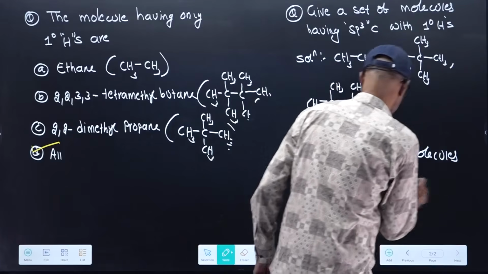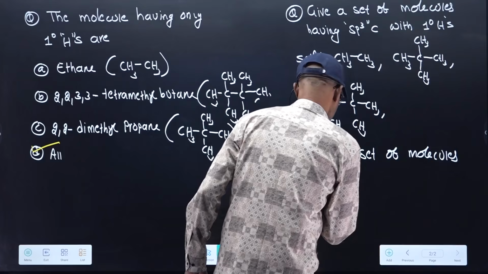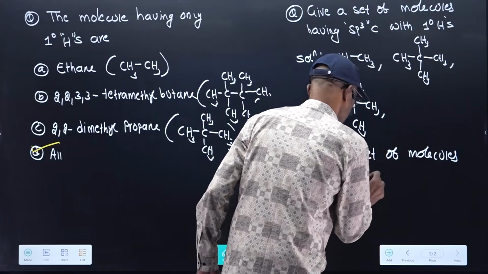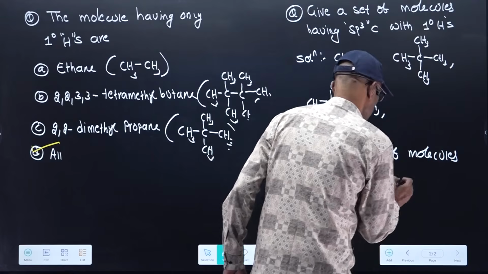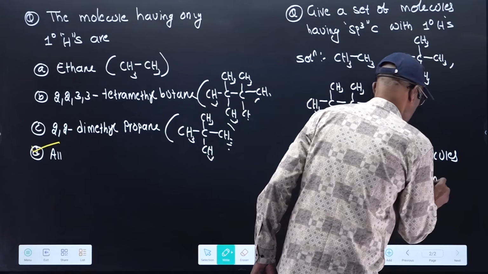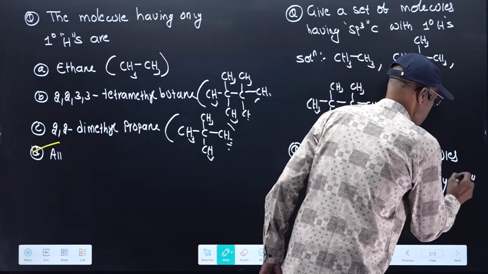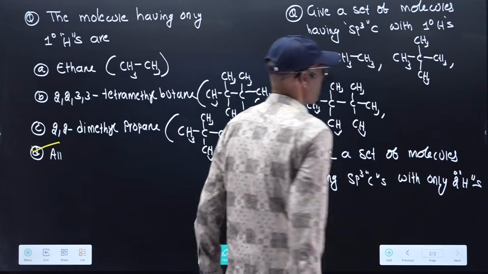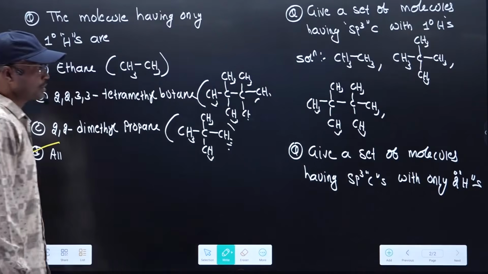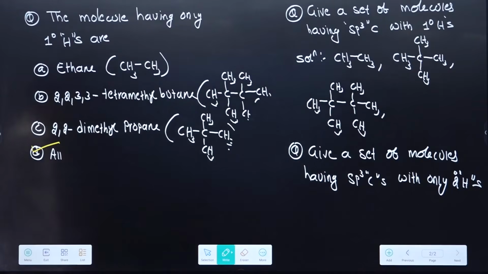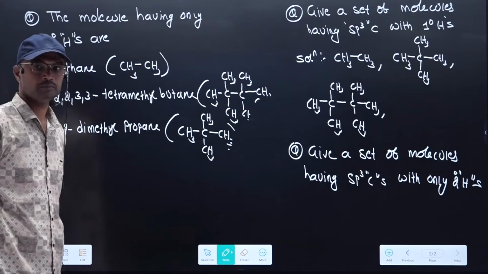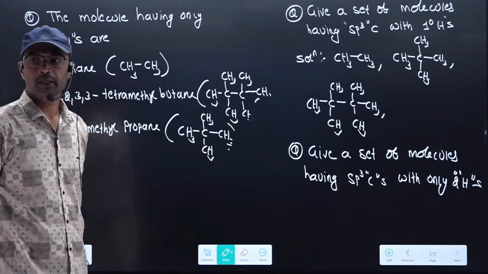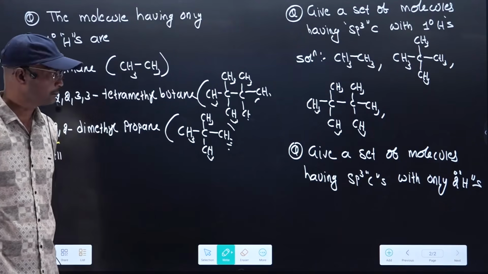Give a set of molecules having sp3 carbons with only secondary hydrogens. Primary carbon is there in that one, right? They should not carry primary. They should carry only secondary.